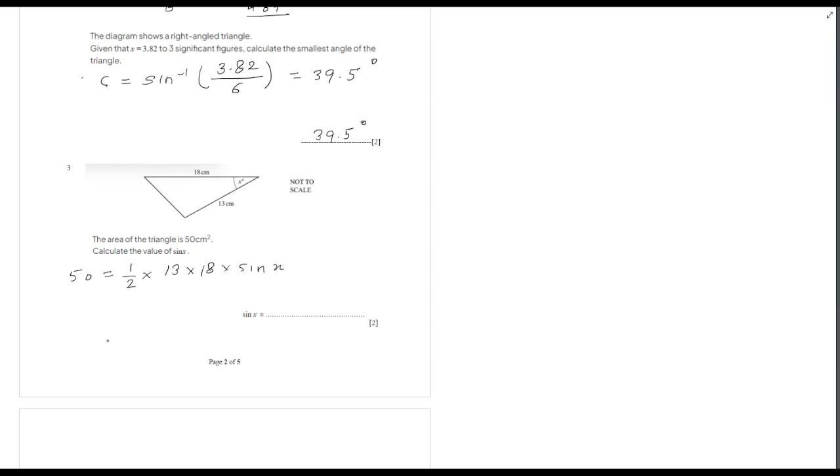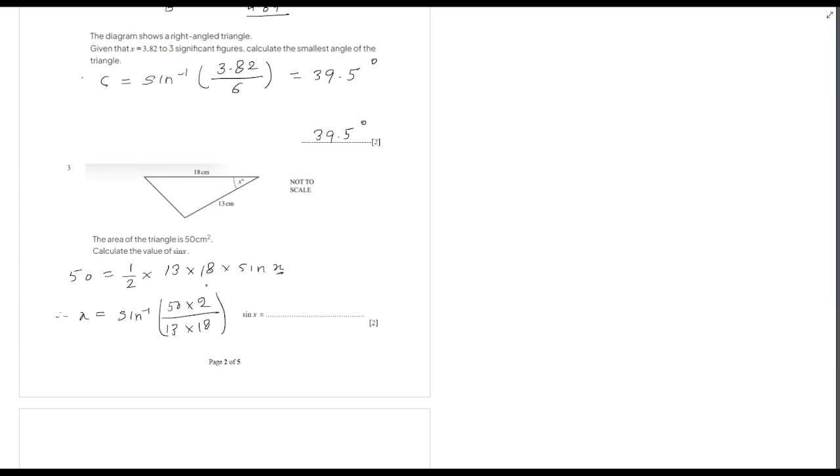So this is your formula for the area of a triangle. From here you can find the value of x as sine inverse of 50 times 2 divided by 13 times 18. So this is your x.